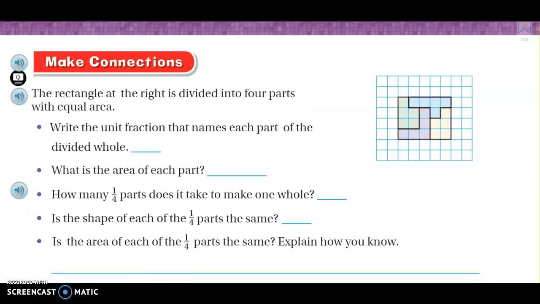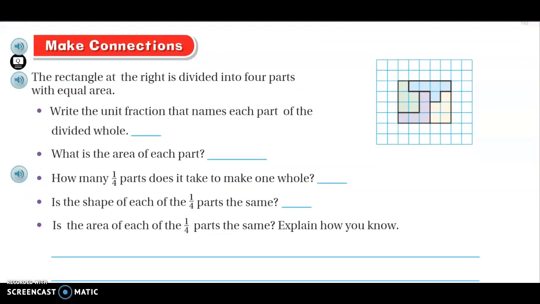We're going to start connecting some of our polygons and quadrilateral knowledge with some things that we've learned earlier. We're going to guide you through the first part of this lesson, making the connection with this shape at the right. Let's read through this.